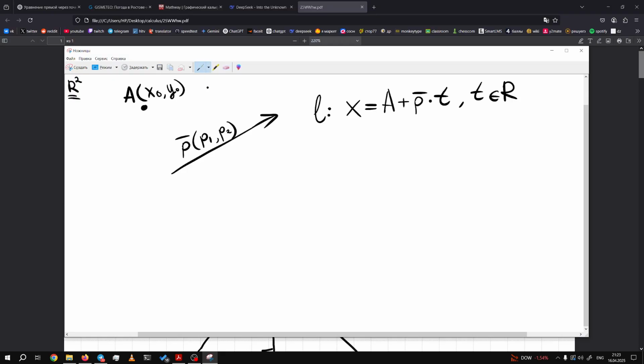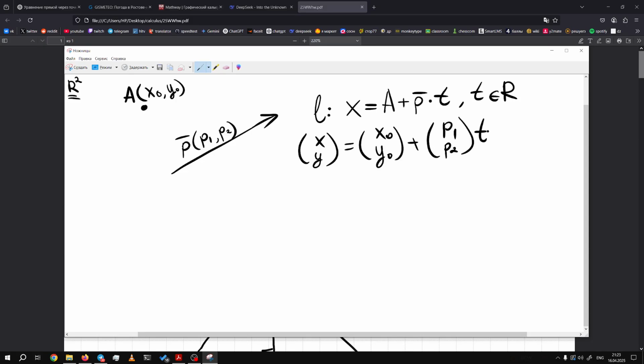Now you can write it in different ways. You might write it like this: (x, y) is equal to (x naught, y naught) plus (p1, p2) multiplied by t, where t belongs to R. So this is coordinates.